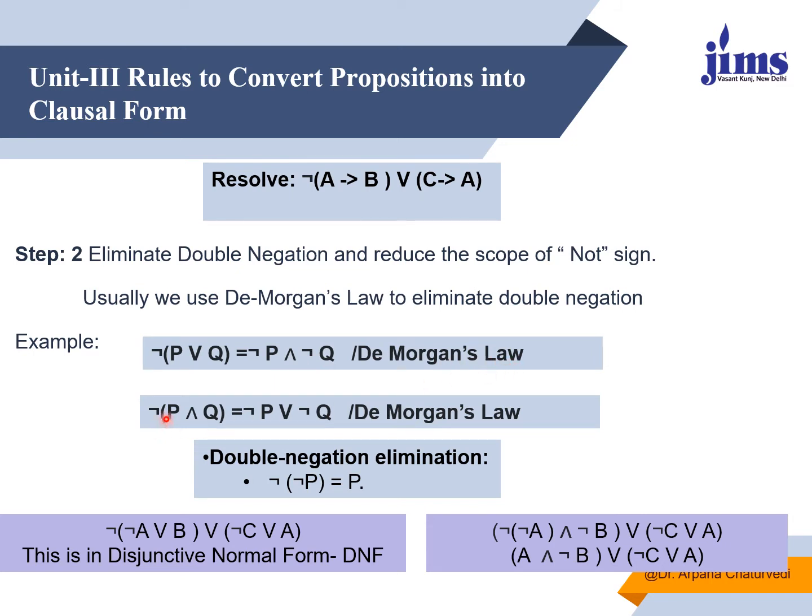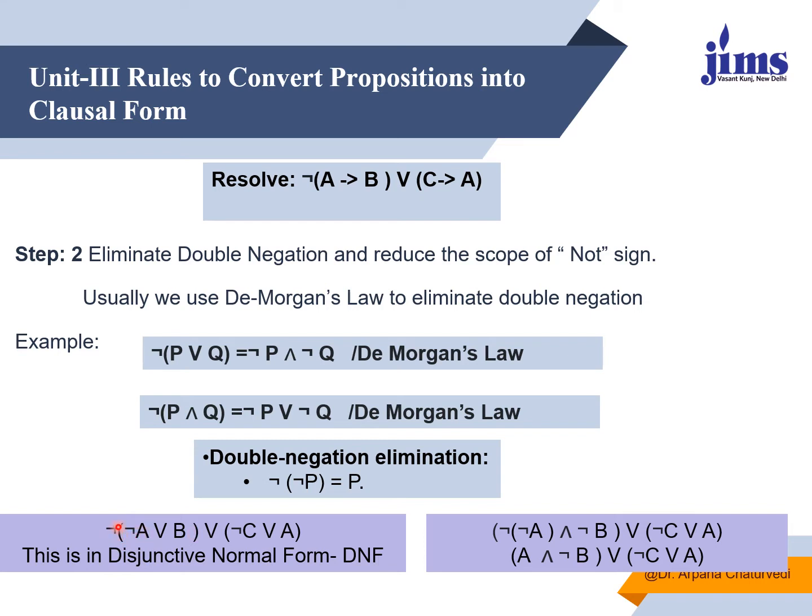Another is not (P and Q), which can also be written as not P or not Q. And if we find double negation, then not (not P) is equal to P.